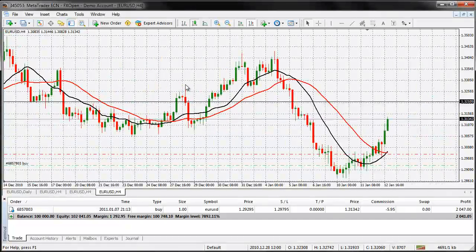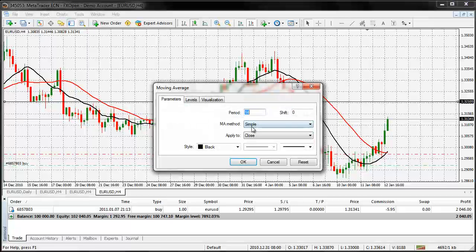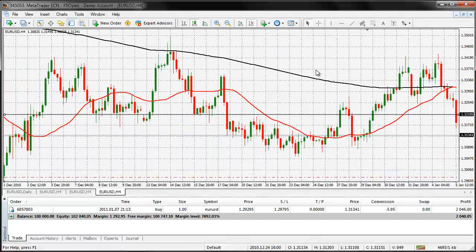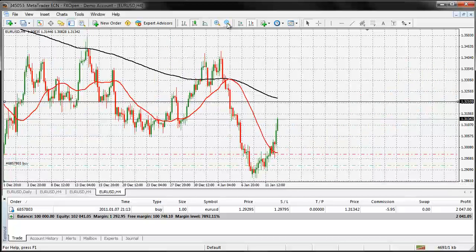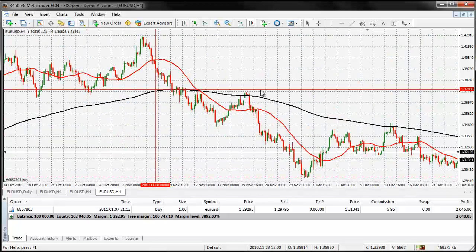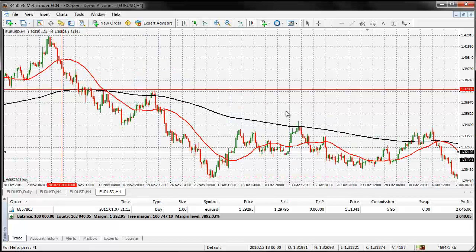So play around with those, and you can add as many as you like on here. Another one really, which most traders use, is the 200 moving average, and then they set it to exponential. Alright, and this is a true trend changer. When it breaks, you'll see several instances where it breaks by a considerable amount, and we're looking for the bodies to break.